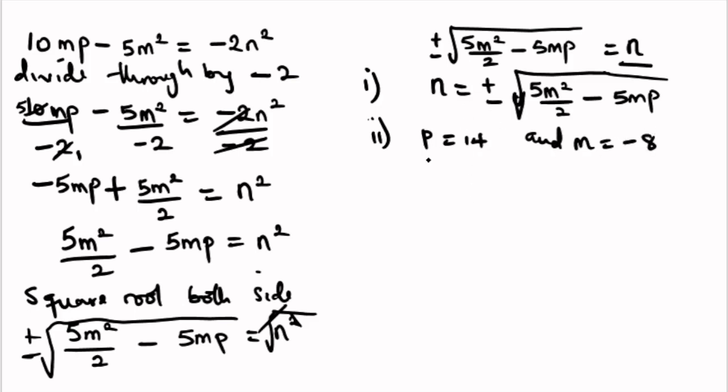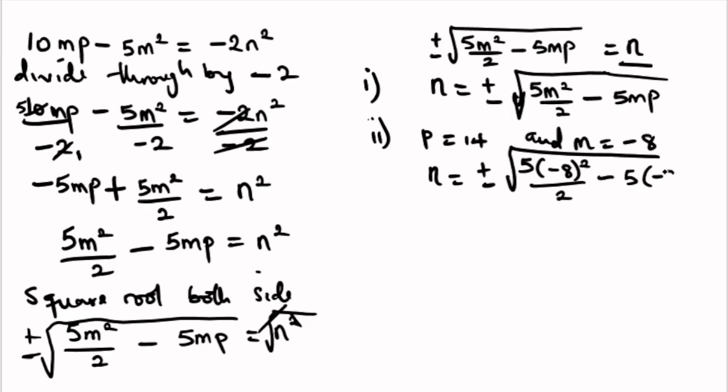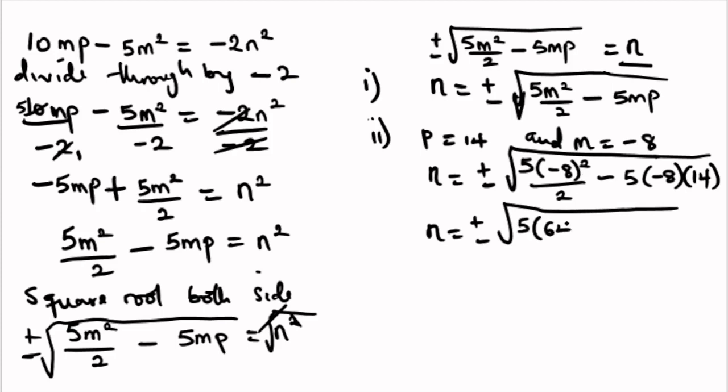So bringing down the expression, this becomes n equal to plus or minus square root 5, what's our m? Minus 8 square all over 2 minus 5, m is minus 8 and p is 14. So this becomes n equal to plus or minus square root 5 times minus 8 square gives us 64 over 2.